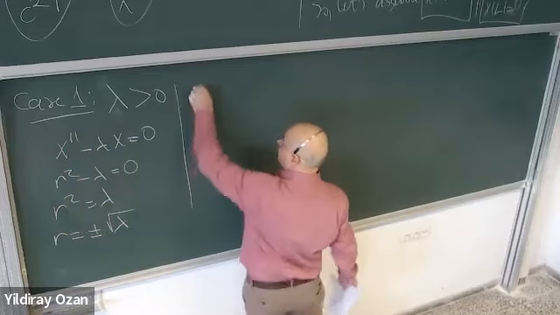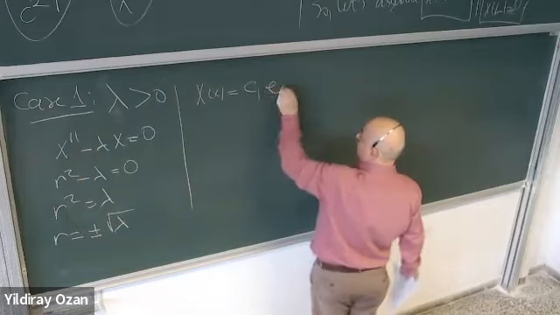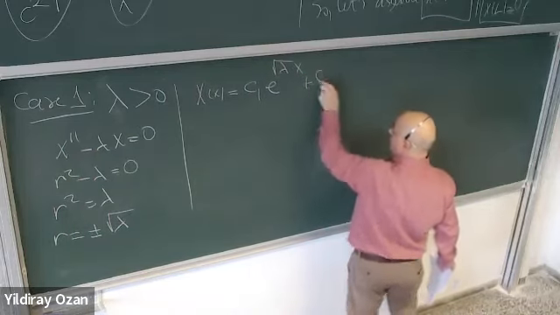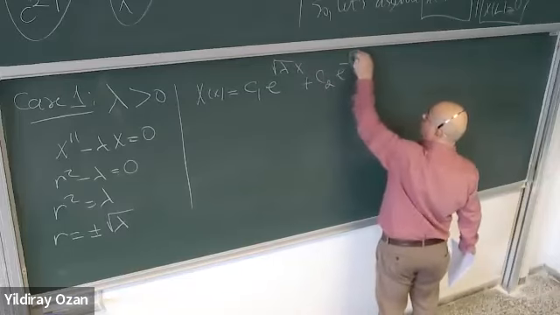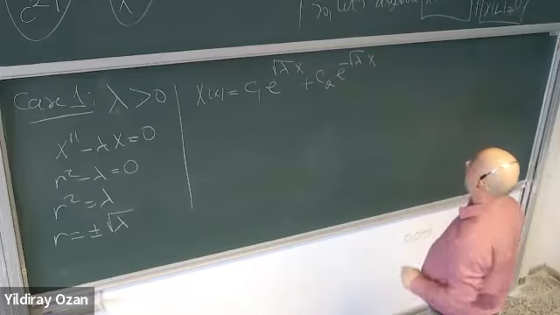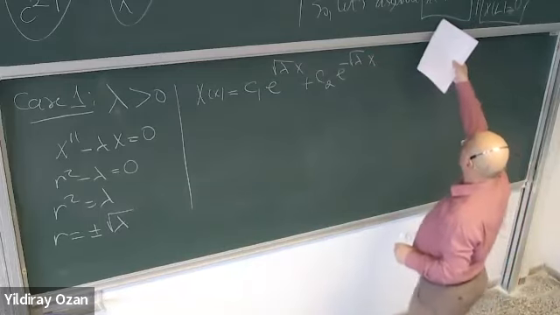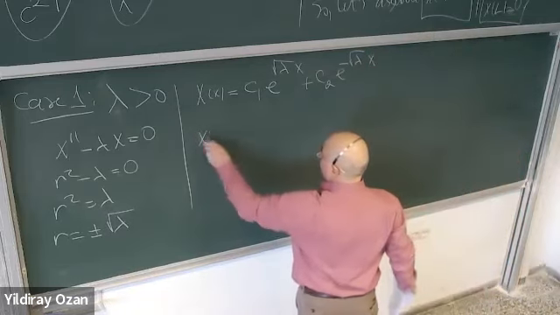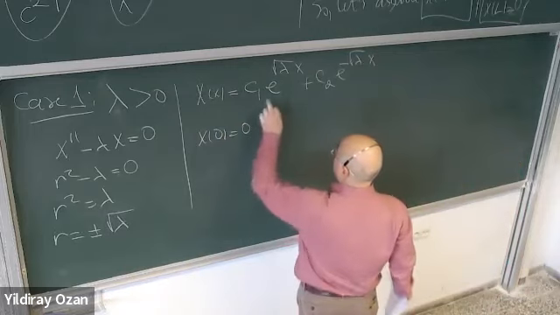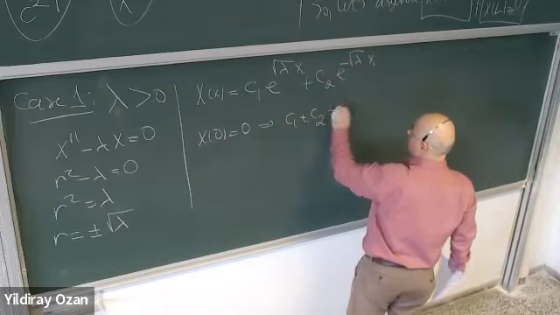Therefore, x of x is just C1 times e to the power square root of lambda x plus C2 e to the power minus square root of lambda x. But if you plug these conditions, x of 0 equals 0, and you get C1 plus C2 is 0.